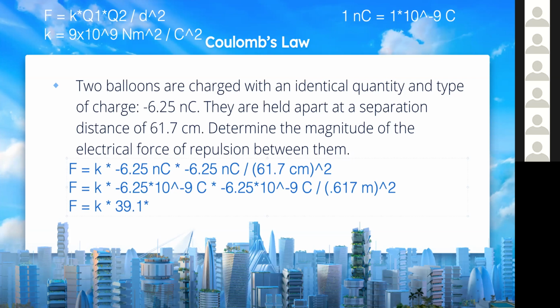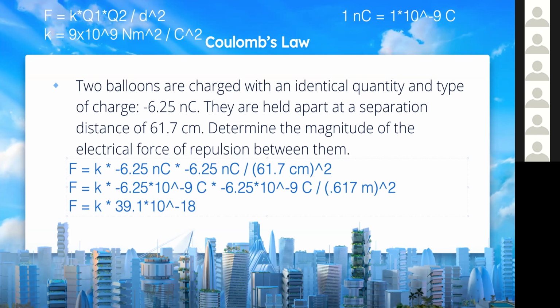And then let's multiply the exponents together. So we get 39.1 times 10 to the negative ninth times 10 to the negative ninth equals 10 to the negative 18th, good.